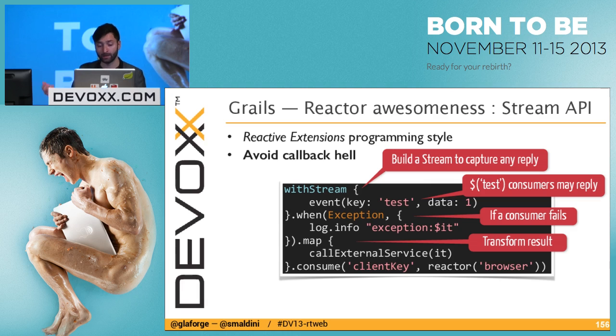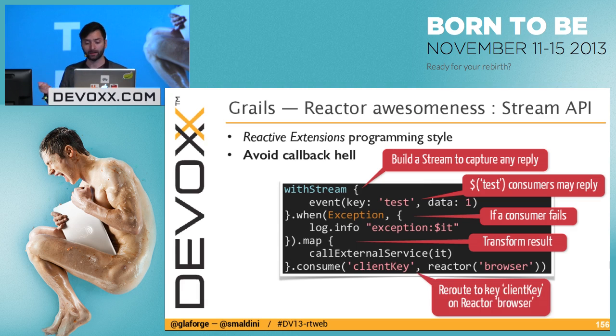And by the way, if you want to consume and add a callback, you can just use .consume. This one is interesting because you can see it's a different signature from the usual consume I showed, because it's not accepting a closure. In fact, it's accepting two arguments: a string, a selector, a key, sorry, and a reactor.